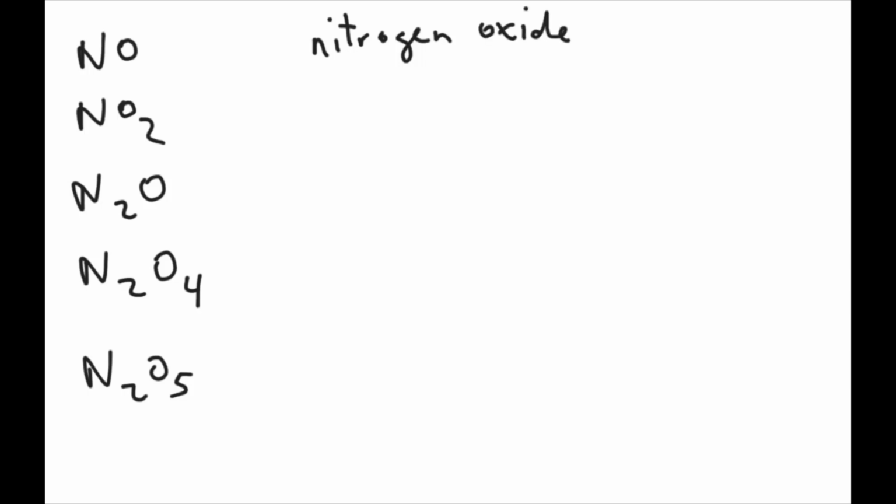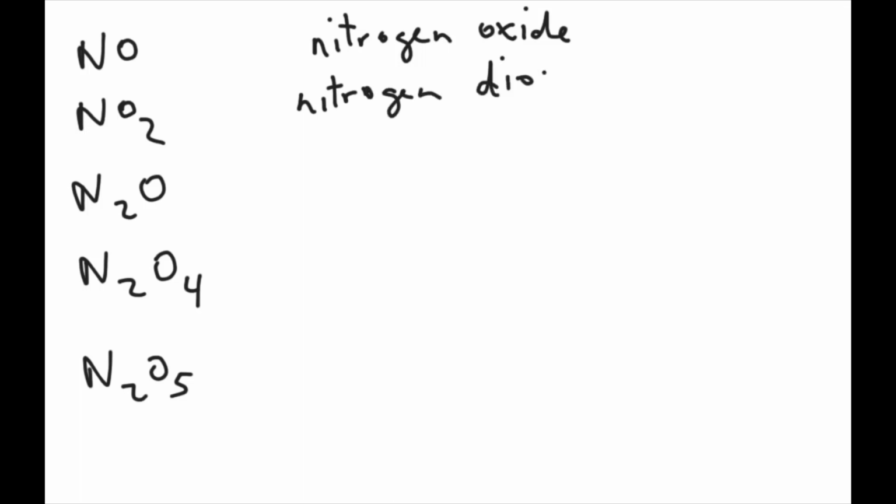Now we don't have to say that there's 1 nitrogen and 1 oxygen, but we could indicate that if we needed to. We could say it's mononitrogen monoxide, and that is a proper way of saying it, but it's not necessary.